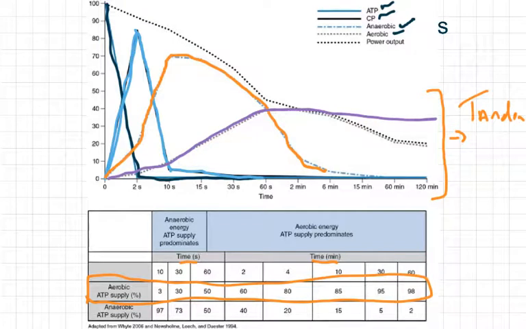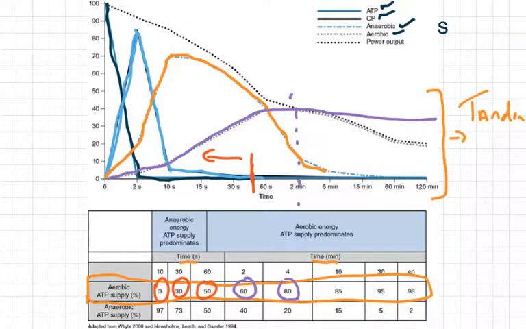And if we look at 3 seconds, 30 seconds, and 50 seconds into the exercise, which is kind of this point here off to the left, ATP is produced very minimally by the aerobic pathways. It's not until we get at this 2-minute mark where the majority of ATP is being produced.